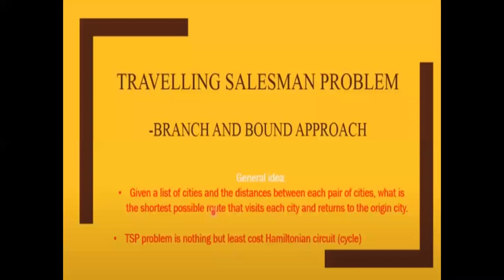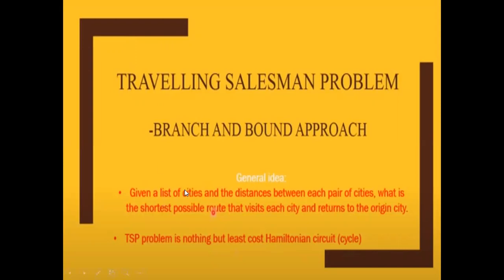So traveling salesman problem, what we were doing: a salesperson is visiting all the cities from the starting city, each city should be visited only once. It should go back to the original city, and you should make use of minimum traveling cost, correct? So that was the problem. So I will just repeat here.